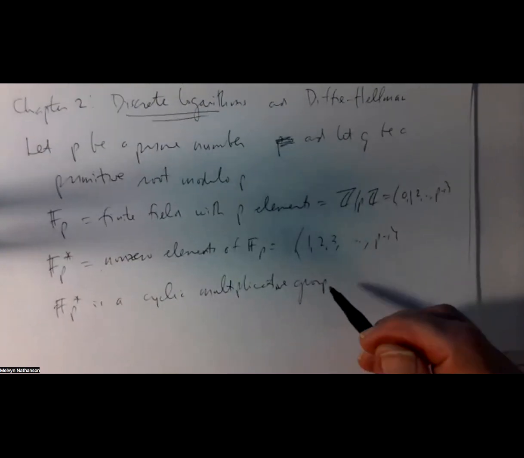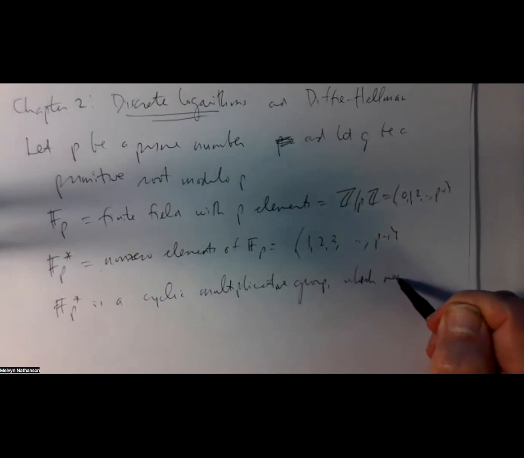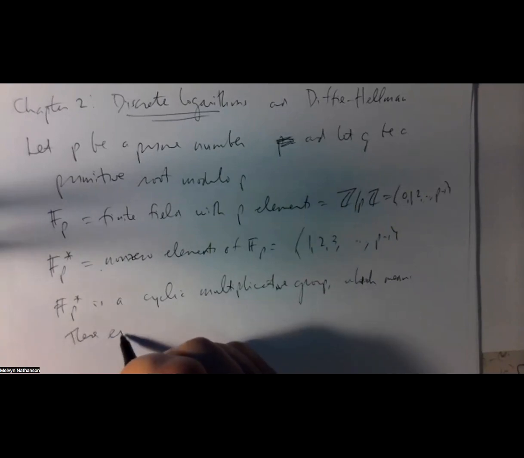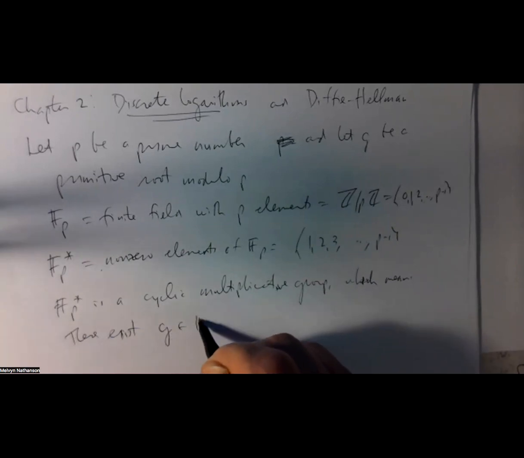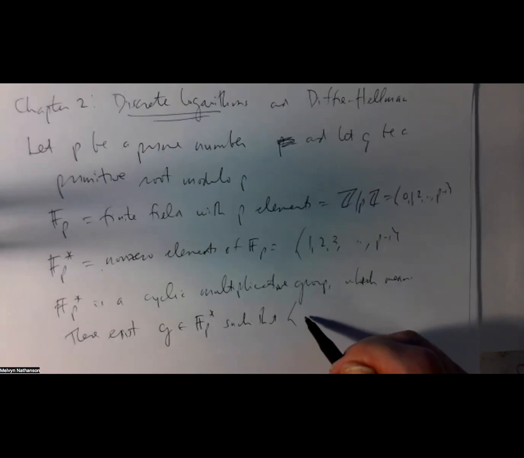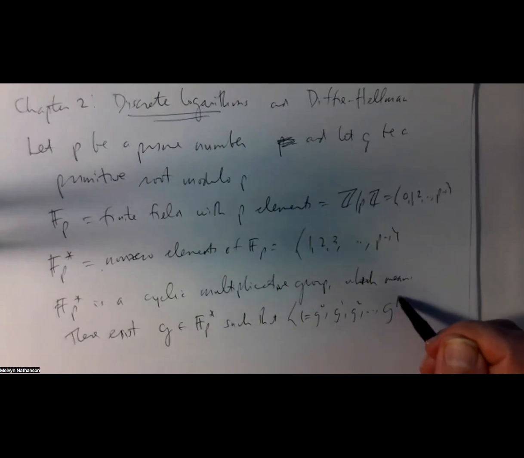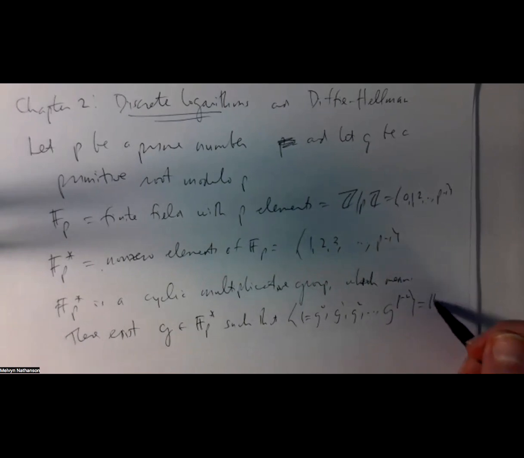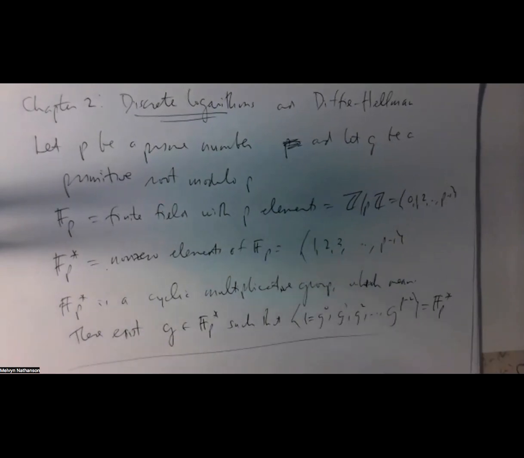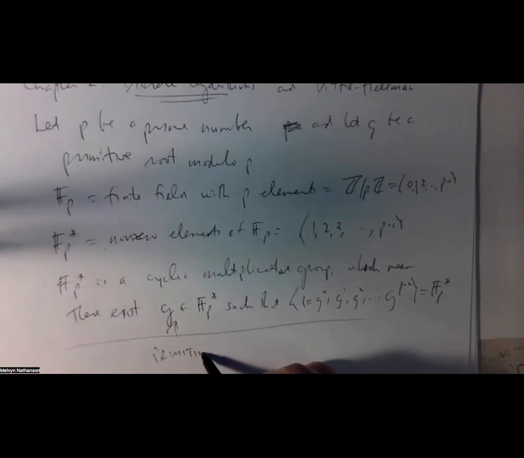You don't have to know what these words mean, you just have to hear them, but which means, this is all you need to know, there exists at least one number G in FP star, such that if you take the powers of G, 1, which is G to the 0, G to the first power, G squared, up to G to the P minus 2, these P minus 1 numbers give you every non-zero number mod P. That's what a primitive root is. And so G is what is called a primitive root.